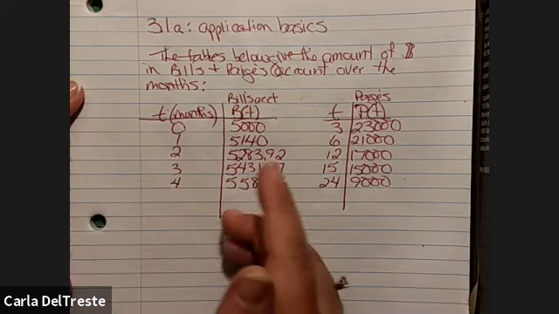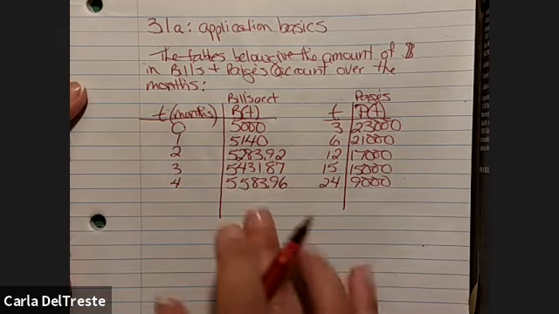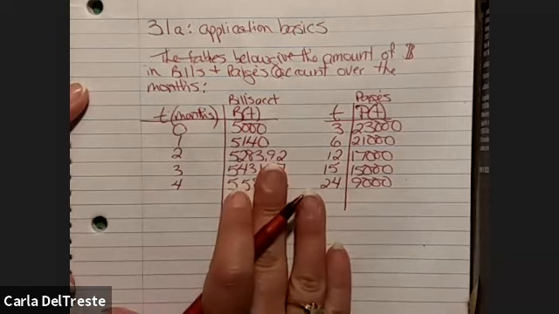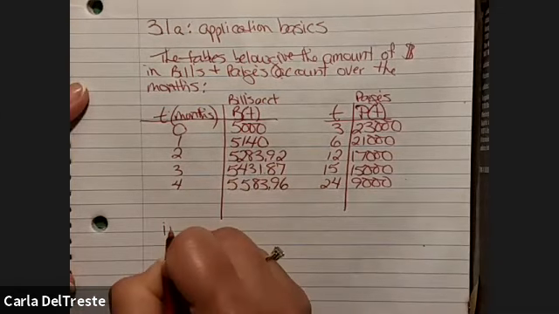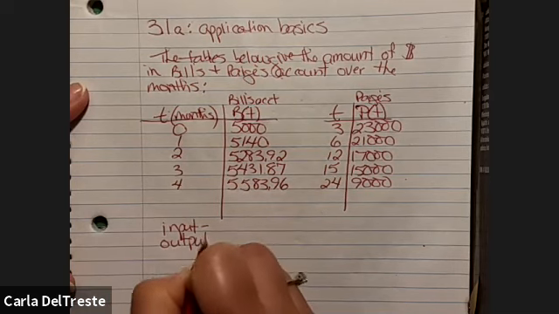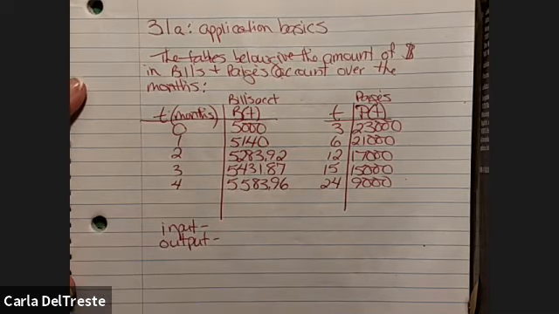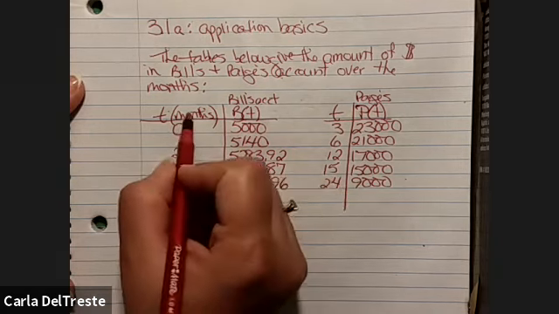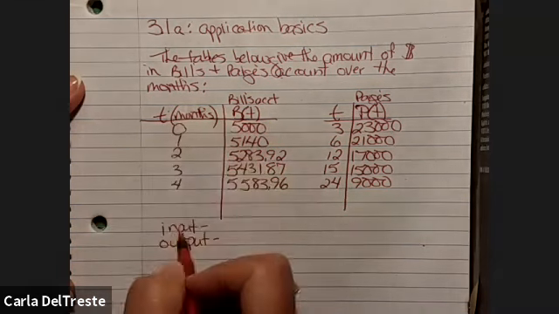So the first thing that we really need to answer, and again, I've mentioned this in previous videos, this is a word problem. The first thing that you should answer is, what is the input here and what is the output here? It will make your life easier. In this example, because we're starting with a table, the input is always listed first.